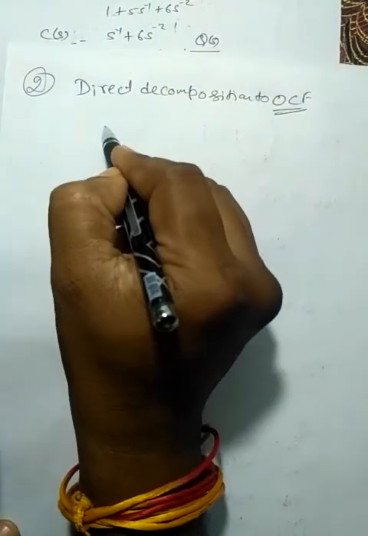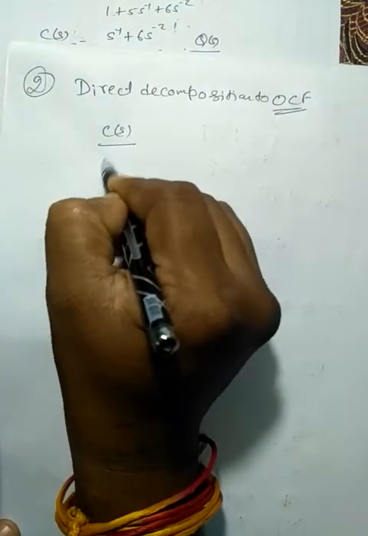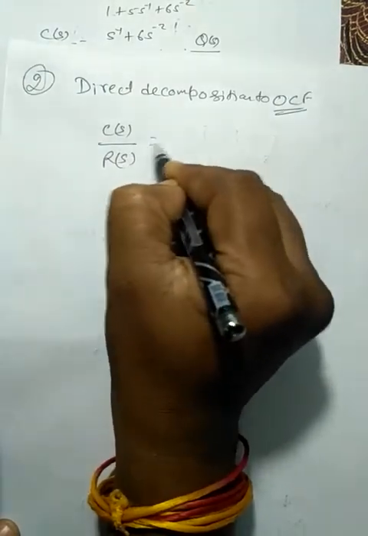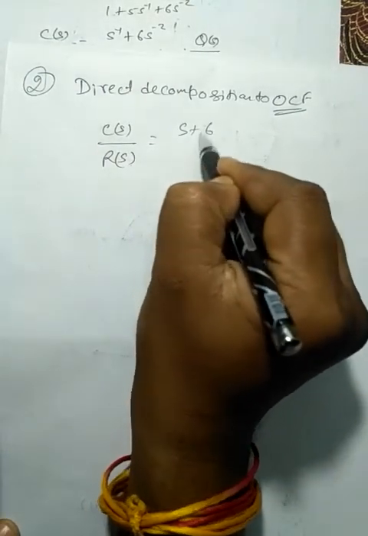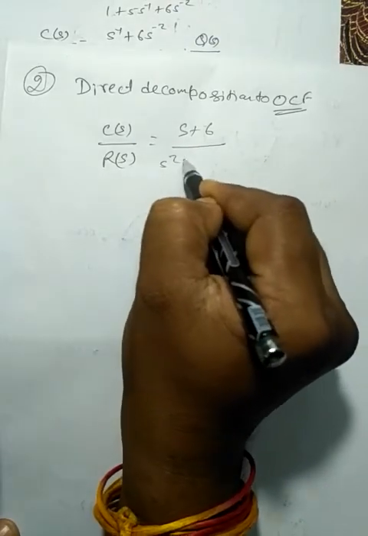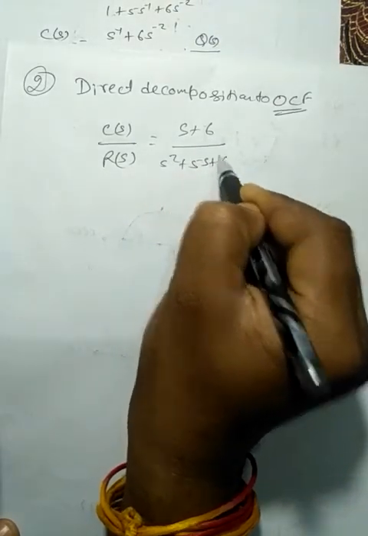Let's take same example. CS over RS is equal to S plus 6 divided by S square plus 5S plus 6.